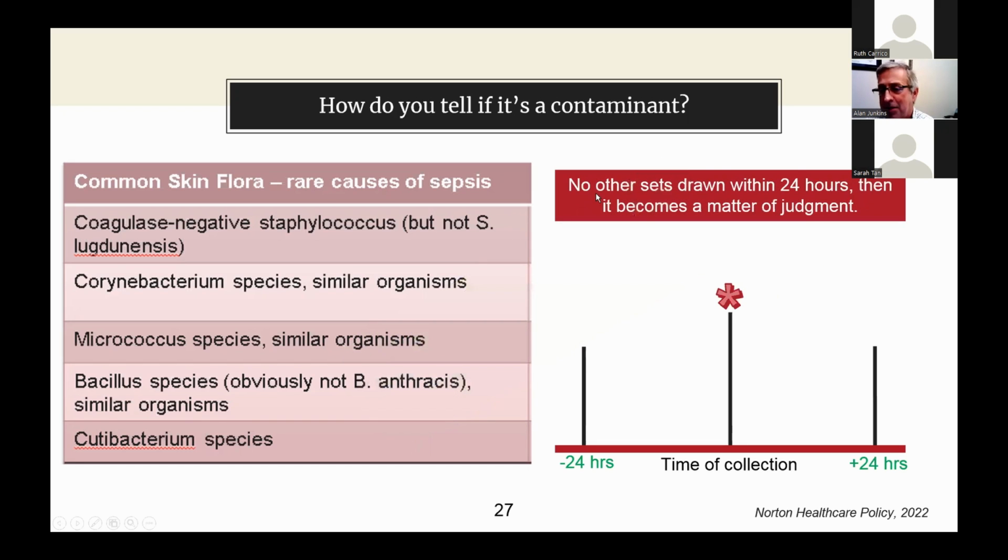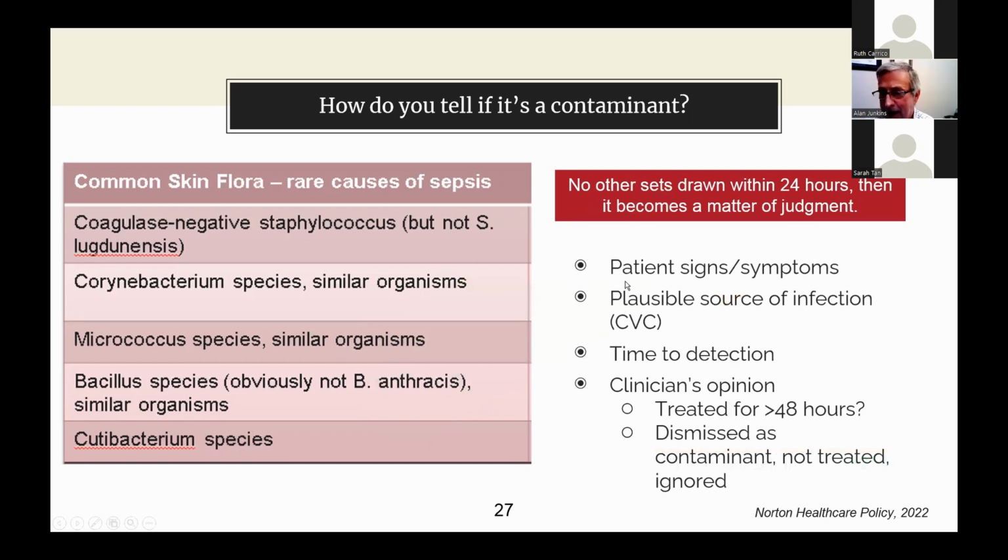The problem then comes if there's no other sets that are drawn within 24 hours. Then it's a matter of judgment. Then I have to look up every single patient in this case, look up their signs and symptoms. Is there a catheter or some sort of source of infection that might explain it? How long did it take before it grew in the blood culture? Did it take 12 hours? Then it's real.